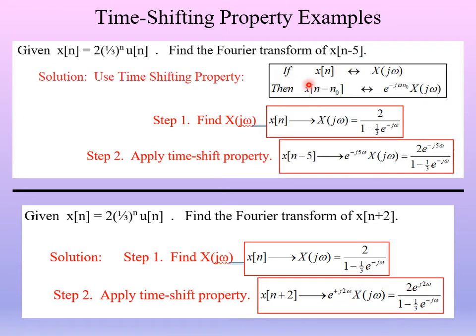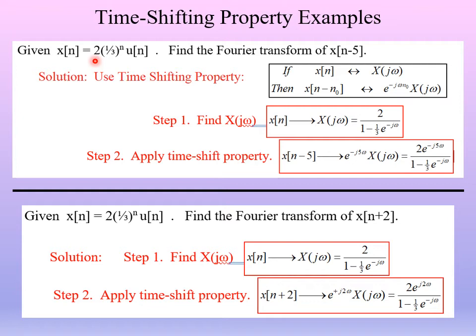Well, we're going to use this time-shifting property. I've shown it right here again, so we can refer to it. The trick is, don't worry about the minus 5 here. Just find the Fourier transform of x of n. So from the previous part, we're going to use our result for this sequence right here.